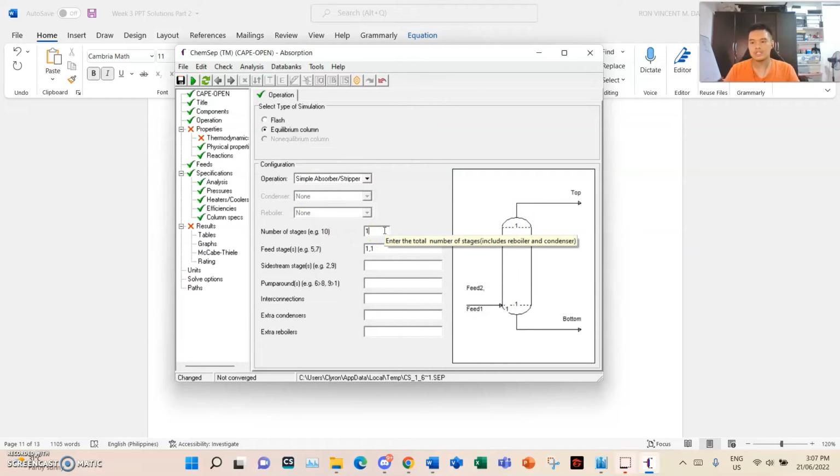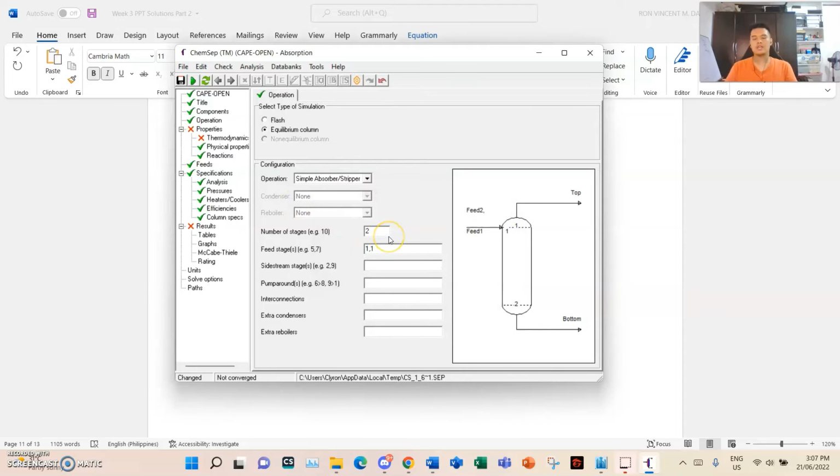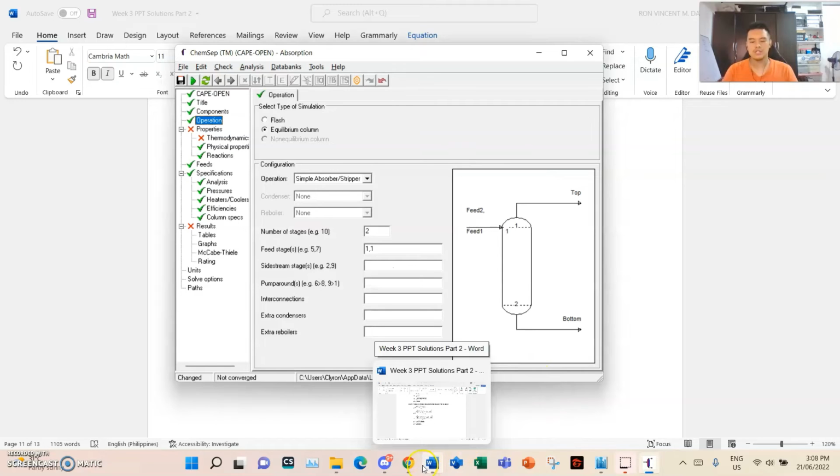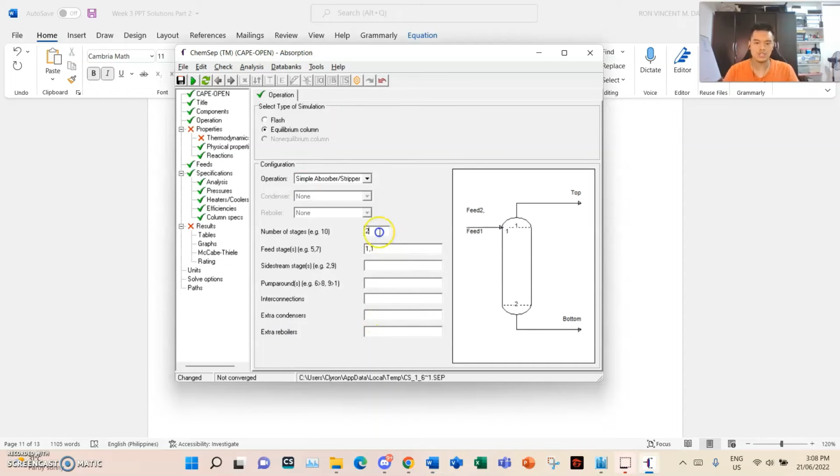However, that's not realistic, so I'll change it to 2. This is the problem sometimes with CAPE-OPEN. It rounds down the decimal values, and it only accepts whole numbers. Hence, to be accurate in the results, I used the approximate value I calculated by hand, and used 2 stages here.